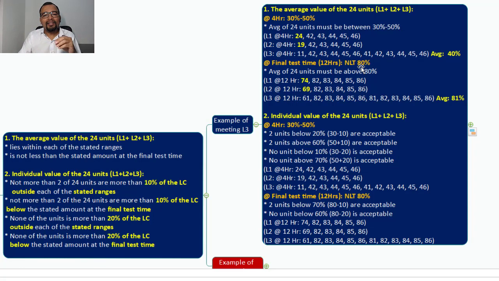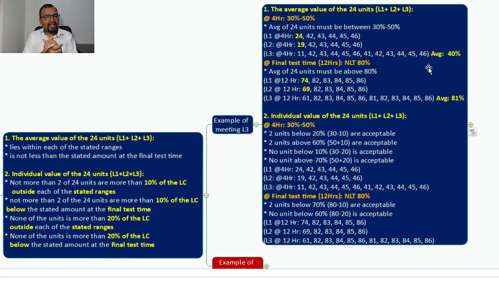So at the L1, you have dissolution data like 24%, 42, 43, 44, 45, 46. L2 data is 19, 42, 43, 44, 45, 46. And L3, again, there are 12 data starting from 11% to ending with the 46%.